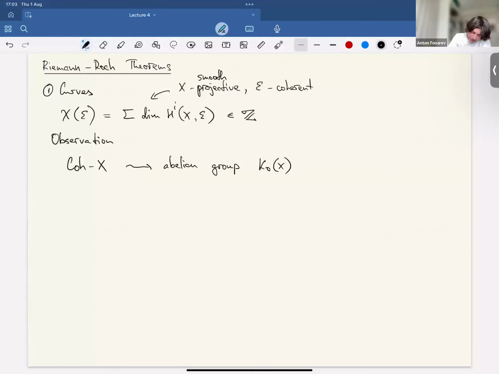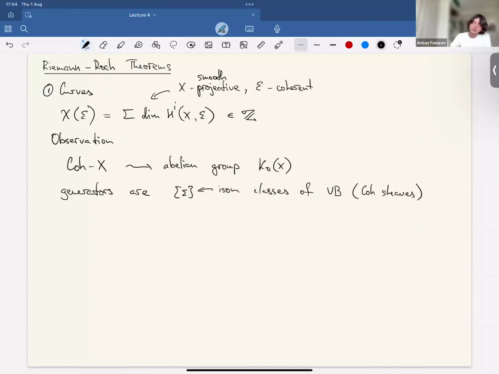And the generators are isomorphism classes of, well, vector bundles. But in this case, you can look for coherent sheaves.